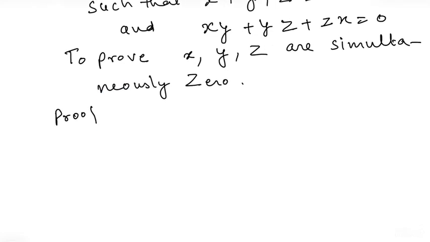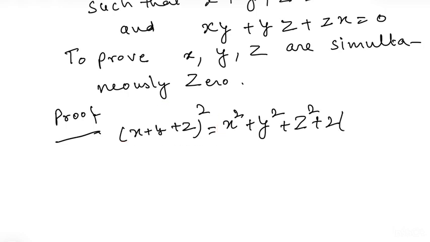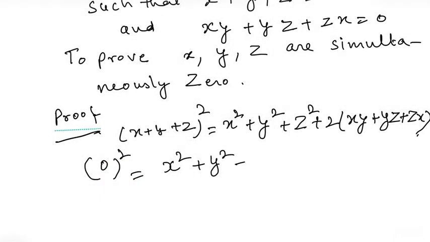Proof: देखिए, (x plus y plus z) whole square is equal to x square plus y square plus z square plus 2 into (xy plus yz plus zx). Substitute the values. 0 square is equal to x square plus y square plus z square plus 2 into 0.